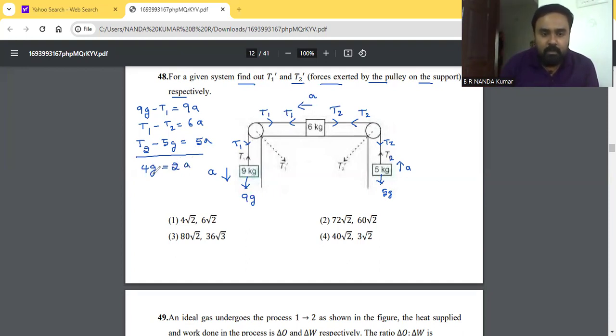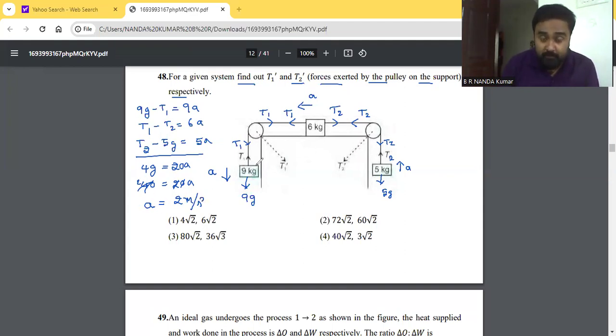So g is 10, 4 into 10 is 40, so 40 is equal to 20A. So the 0 cancels here, 2 ones are 2, 2 twos are 4, and the acceleration actually is 2 meter per second square. So this is the acceleration of the system.